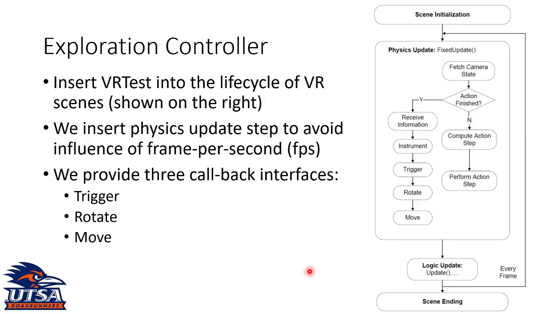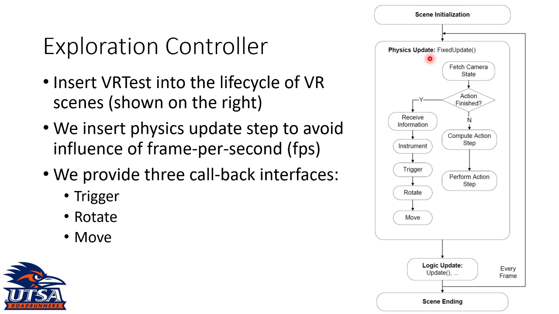So finally, the exploration controller inserts the VRTest code into the lifecycle of the VR scene in Unity. On the right-hand side, we can see the VR scene lifecycle of Unity. A VR scene is initialized at the beginning, and then every frame, about 0.02 to 0.03 seconds, a physics update is executed.